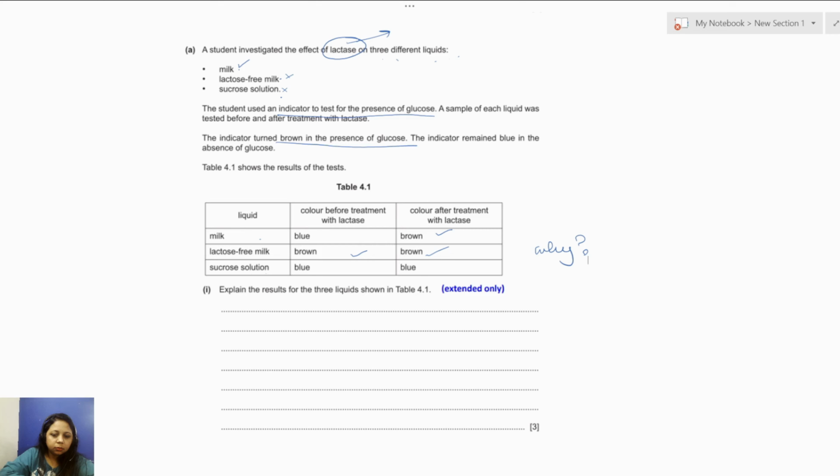The lactose free milk is produced in industries. It's already treated with lactase, so lactose is already converted into glucose. Glucose is present. That's why the color is brown before the treatment and after the treatment.